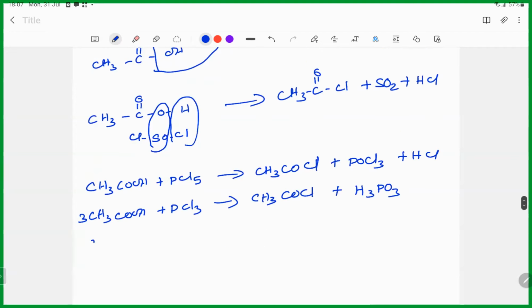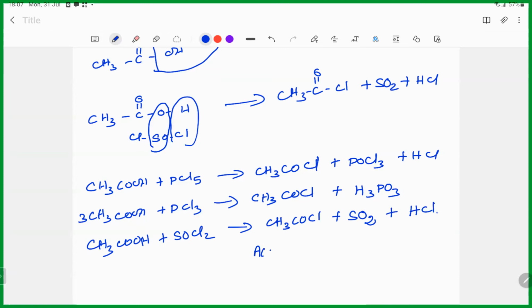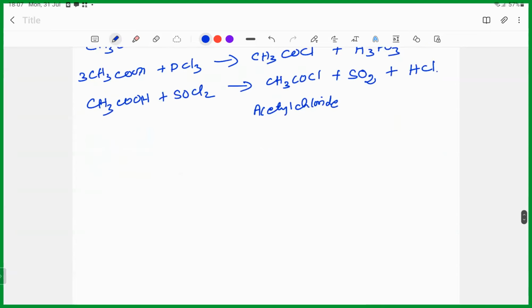Next, acetic acid plus thionyl chloride SOCl2 gives the same acetyl chloride plus SO2 plus HCl. So all is acetyl chloride. Phosphoryl chloride, phosphoric acid, sulfur dioxide. Okay. And the last one, decarboxylation.